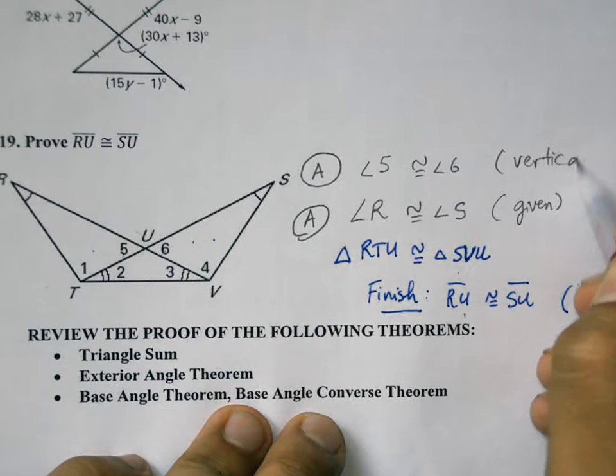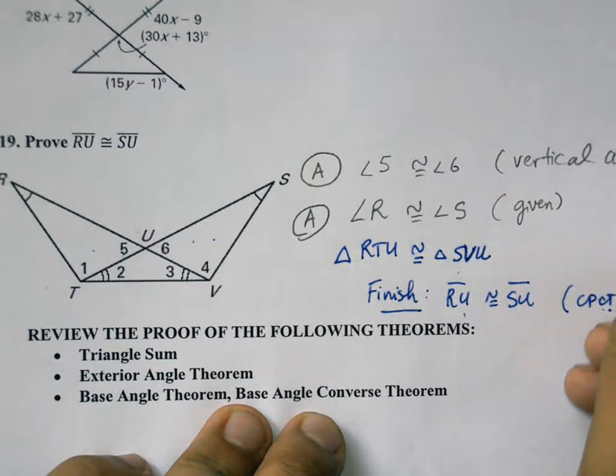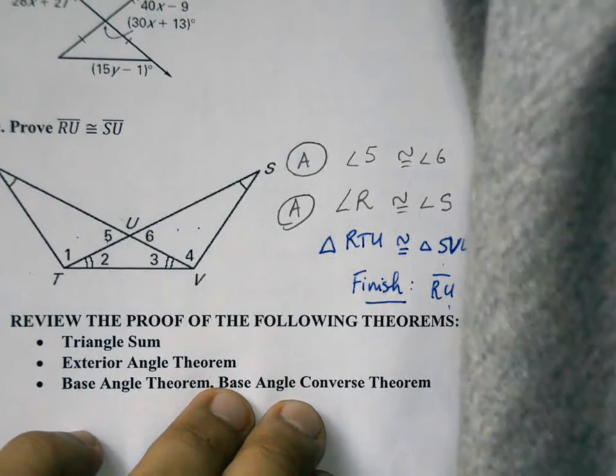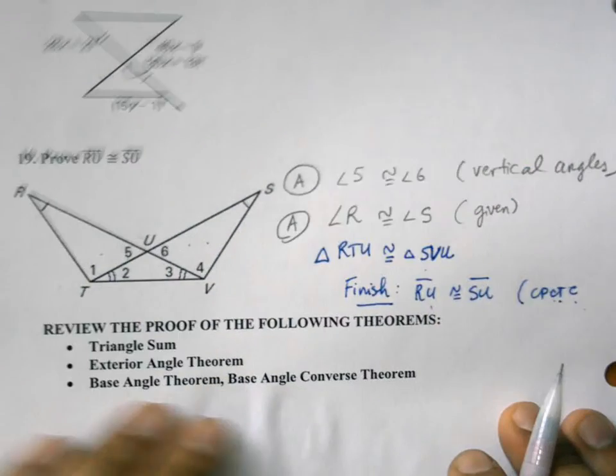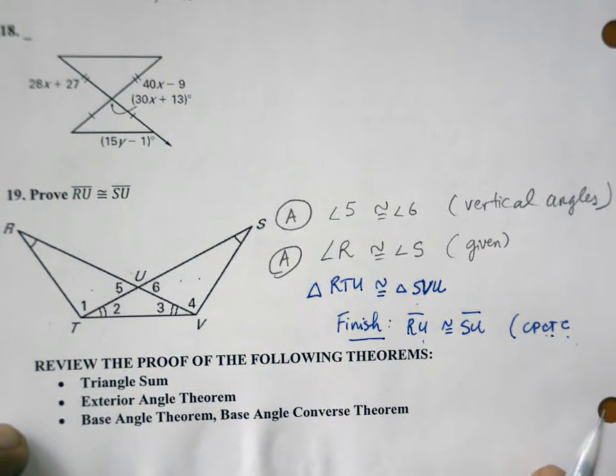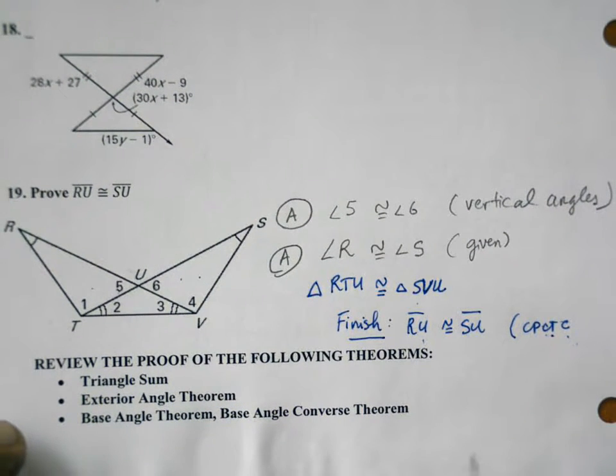Now the last thing that I need is a side. We cannot prove triangle congruence using 3 angles, so we need some other side.